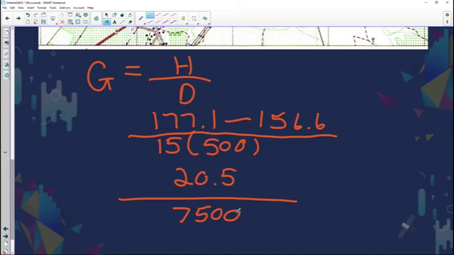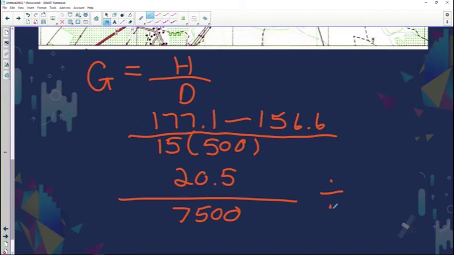Now, remember, before the break, we need to get a ratio of 1. To get a ratio of 1 of 150, we divide 150 by 150. In this case, we need to get a ratio of 1 because we want to see how many meters we need to travel for the gradient to increase by a single meter. So we say 20.5 divided by 20.5. Simple math. What you do on the top, you need to do on the bottom.